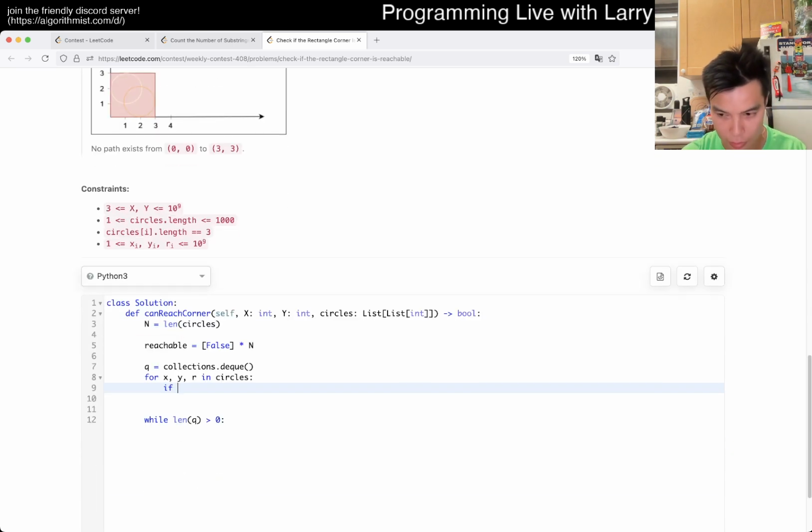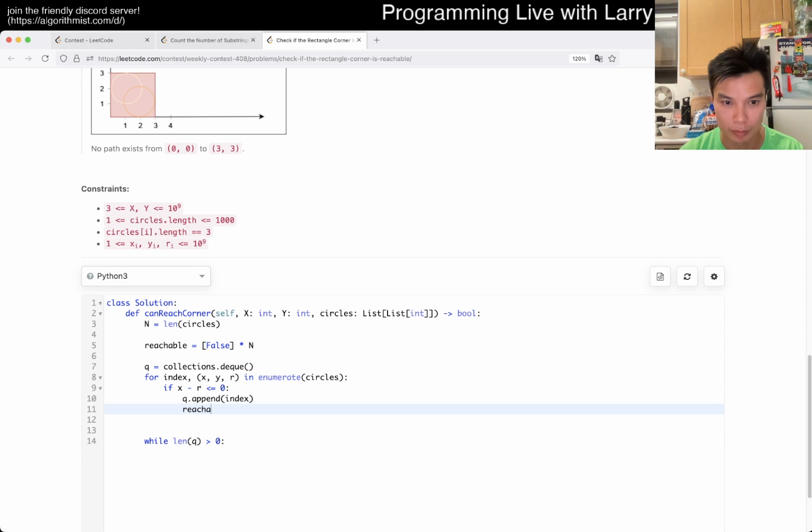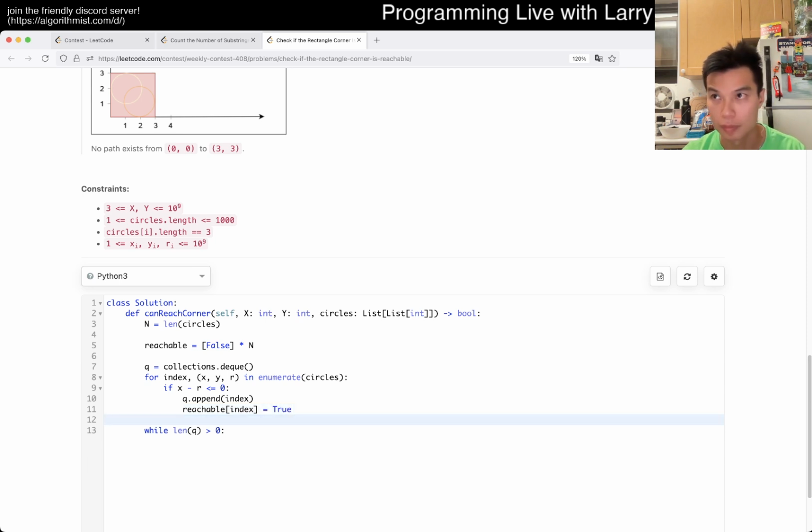Like, so x minus r, if it's 0, then yeah, just brute search.